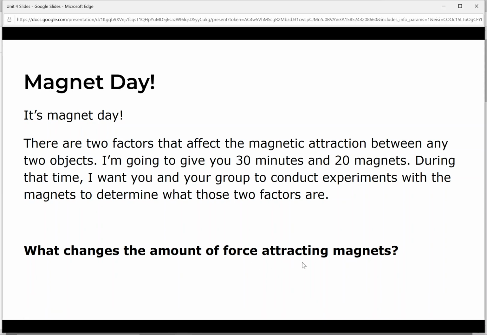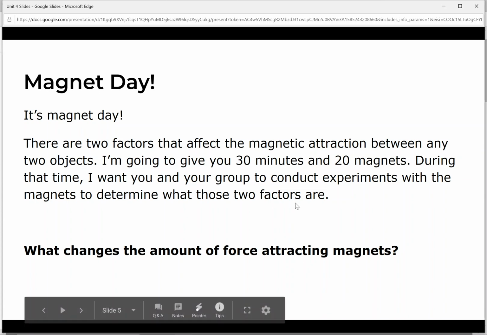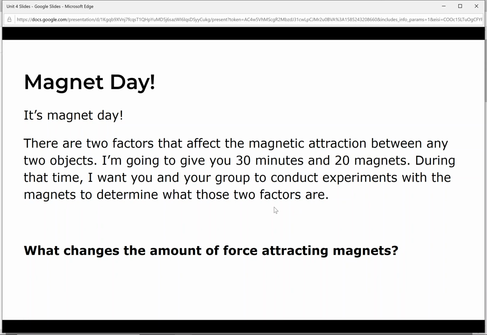How do you make them more attracted versus how do you make them less attracted? There's only two things that affect the attraction between those magnets, and it works the same for charged particles. If you have magnets at home, I would pause the video now and I would try this experiment out.